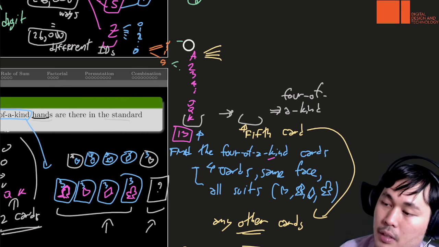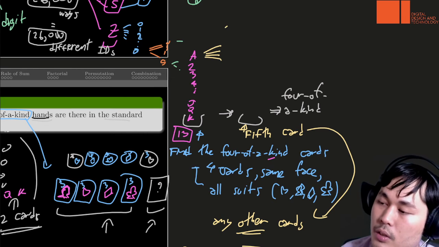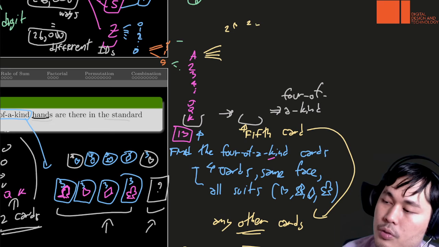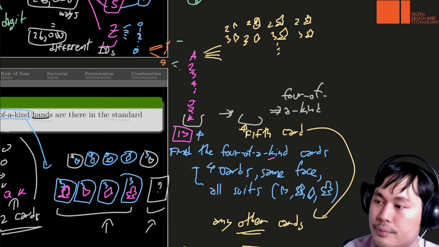So for instance, if those 4 of a kind are aces, then the final card could be 2 of hearts, 2 of diamonds, 2 of clubs, 2 of spades, 3 of hearts, 3 of diamonds, 3 of spades, 3 of clubs, and so on and so forth.